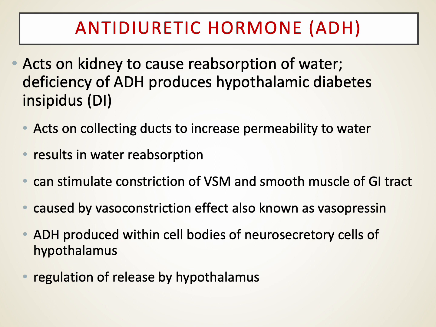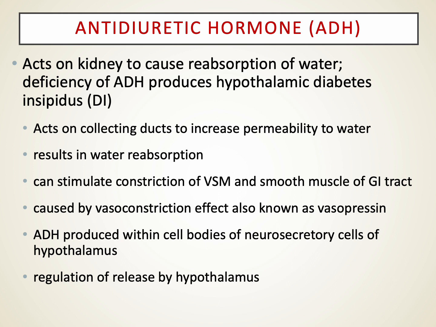The issues we see here with antidiuretic hormone is that it's normally produced in the neurosecretory cells of the hypothalamus, and the regulation of release is by the hypothalamus.